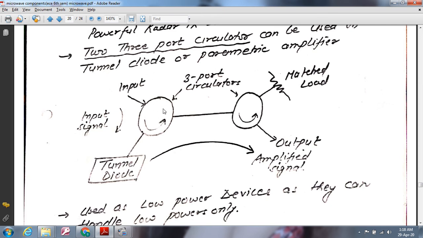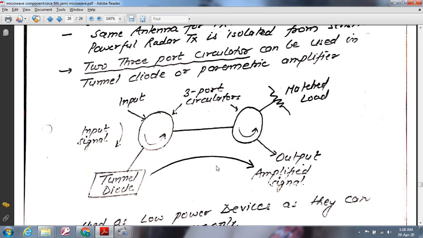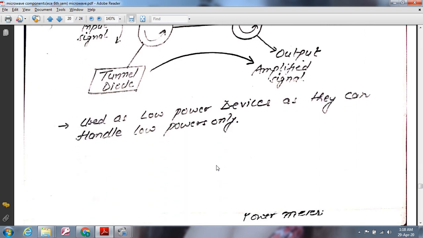This is one circulator with 3 ports, 1, 2 and 3, and similarly this is another circulator with 3 ports, 1, 2 and 3, and we connect these ports. So this configuration can be used in a tunnel diode or parametric amplifier. Another point: circulators can be used as low power devices, as they can handle low powers only.